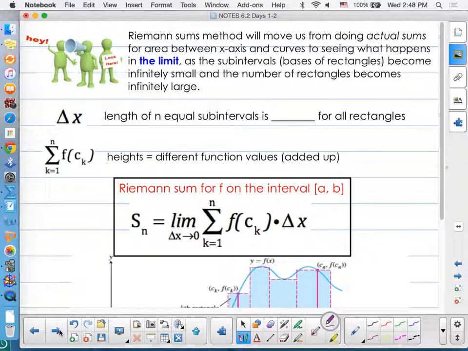So what we're really getting at is we want to start some of the calculus of what we've been doing for the last few days with rectangles. Riemann developed that plan that said if we take the sum of more and more, tinier and tinier rectangles that we fit under the curve, we can get to the limit when those rectangles shrink to having a base of 0, or almost 0.